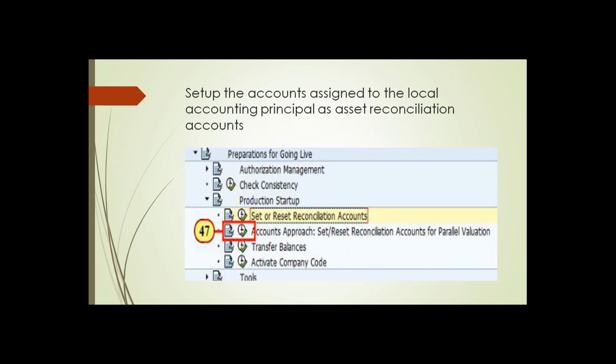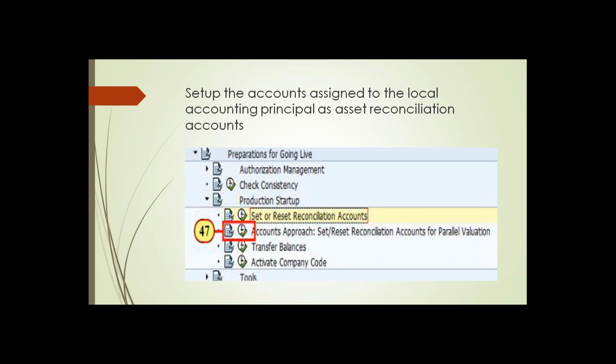Currently, if you see the step below, accounts approach, set, reset reconciliation account for parallel valuation, this activity was not available earlier, right? Because normally when you were using the account-based approach, you were just taking the values from the leading depreciation area, and you were not allowed to reset or set reconciliation indicators for parallel valuation.